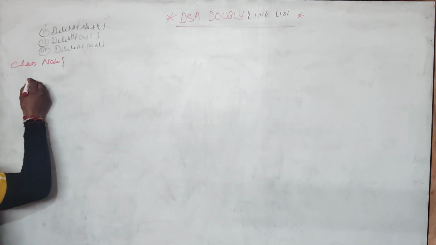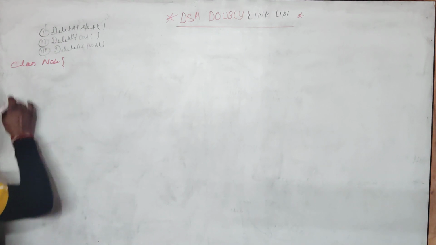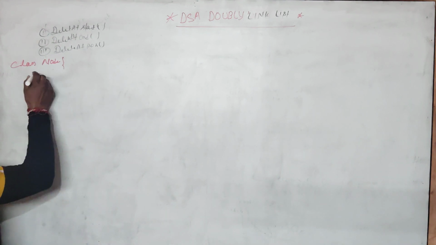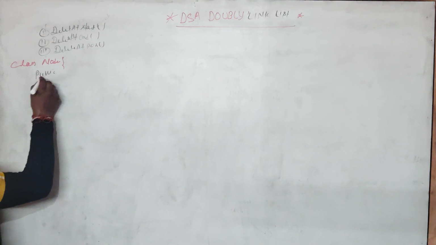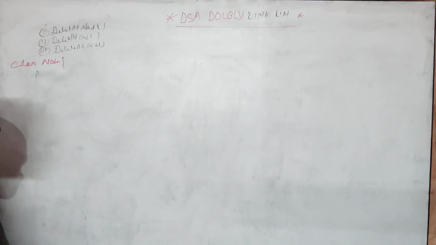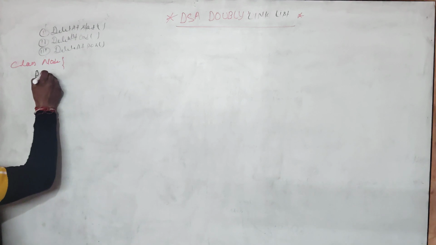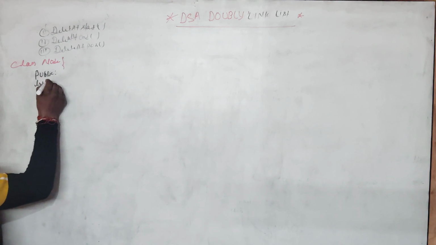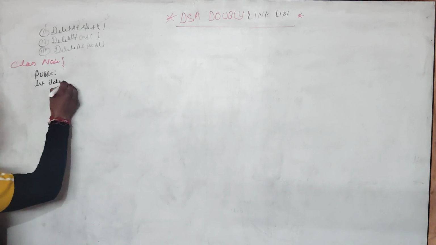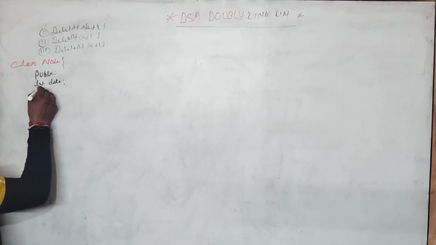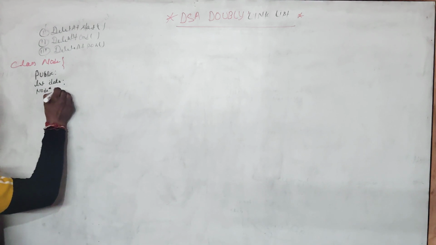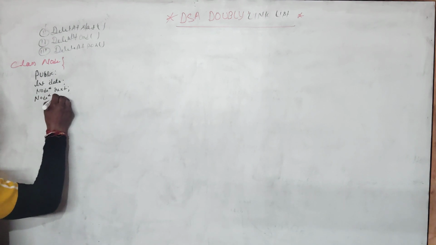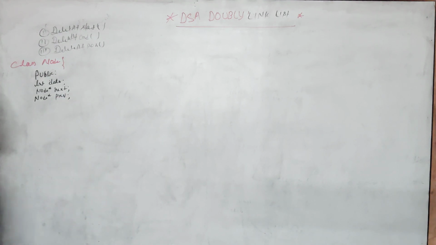I'm writing public, and here data, and I am creating two pointers. The first node is next and the second node is previous. I'm just creating two pointers.